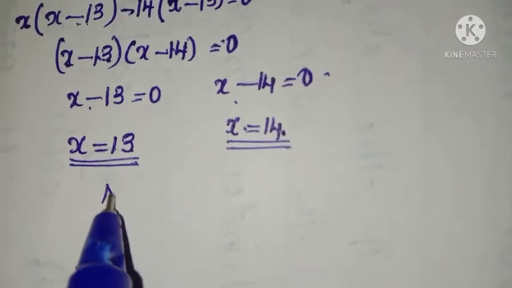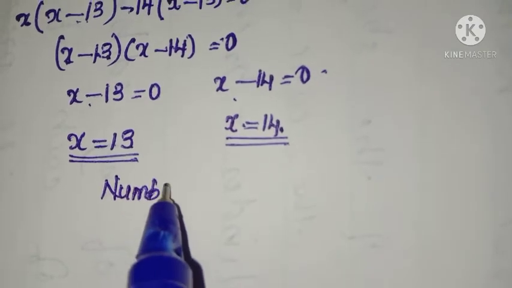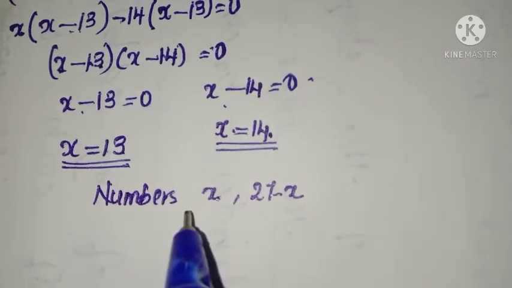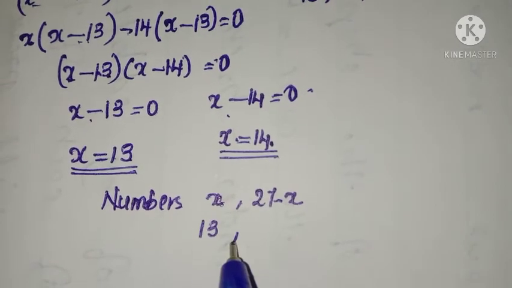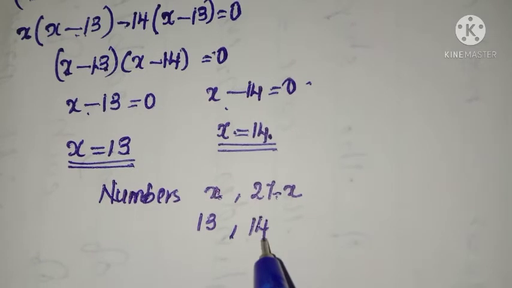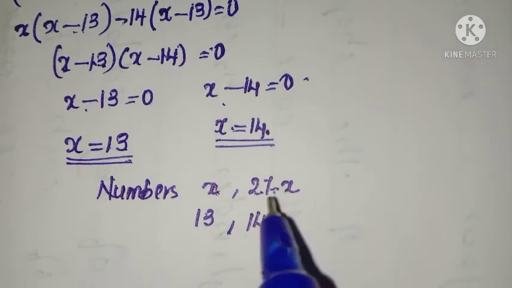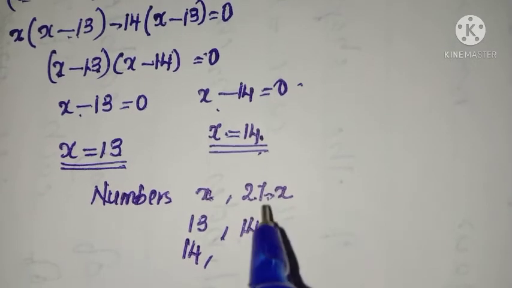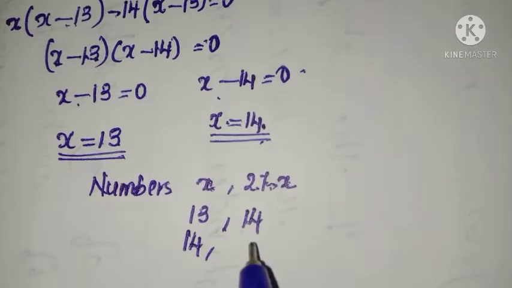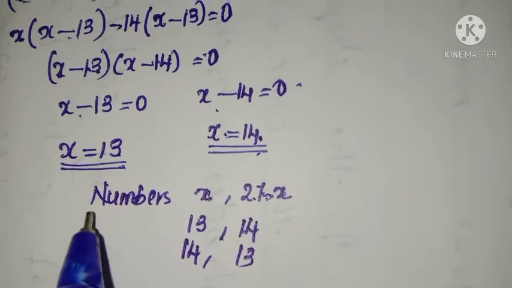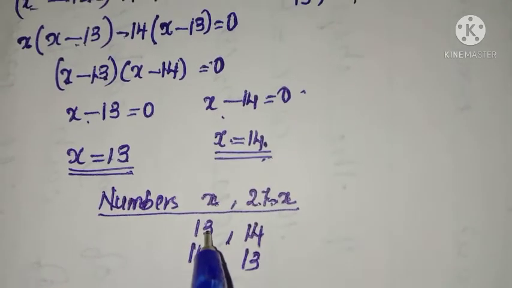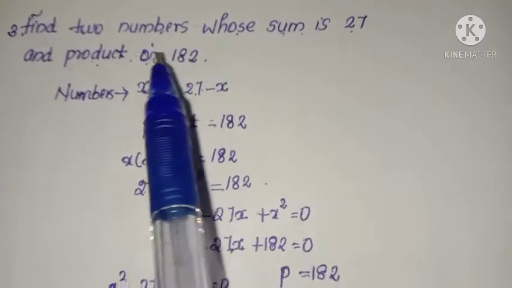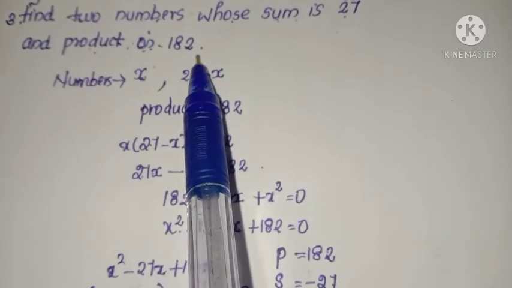We took the numbers as x and 27 minus x. When x equal to 13, the next number becomes 27 minus 13, that is 14. If x equal to 14, then the next number is 27 minus 14, that is 13. Anyway, the numbers are 13 and 14 whose sum is 27 and product is 182.